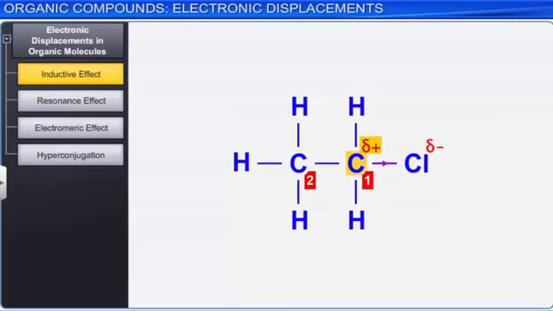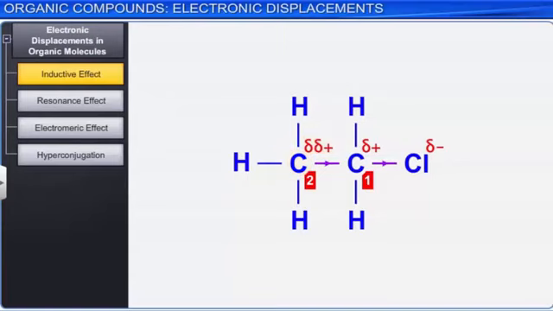The partial positive charge on C1 draws some electron density towards itself from the adjacent carbon-carbon bond. This causes C2 to acquire a small positive charge. The delta plus represents a relatively smaller positive charge as compared to that on carbon 1.